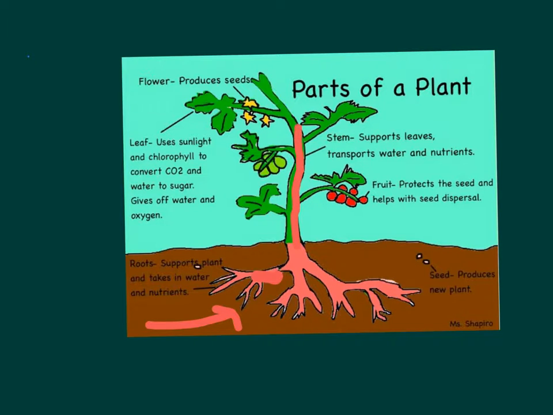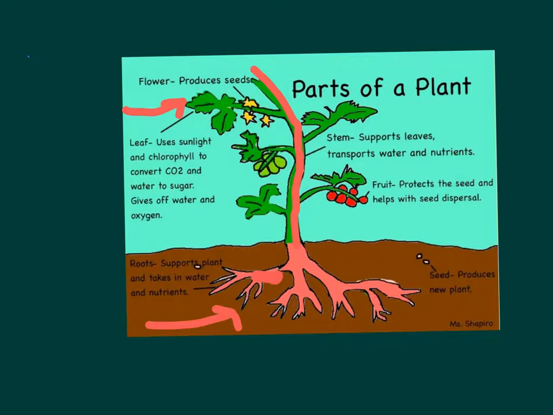And here is our stem, and it goes all the way through. The stem supports the leaves, and it transports that water and the nutrients from the soil, from the roots, up through the plant.